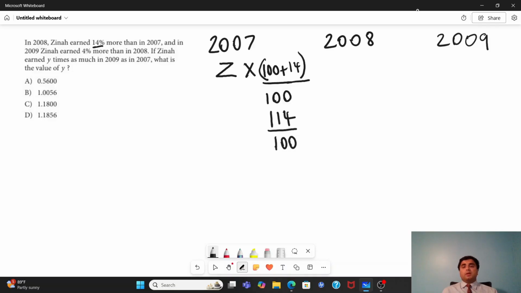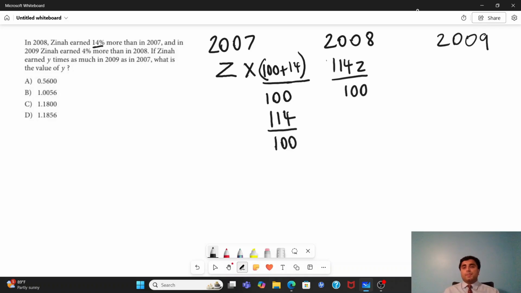So Z multiplied by 114 divided by 100 is going to be equal to the amount which she made in 2008. Or better yet, let us just write 114 times Z divided by 100, to make this easier on us.